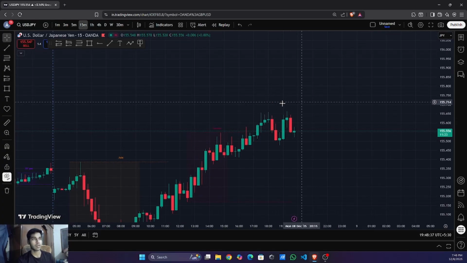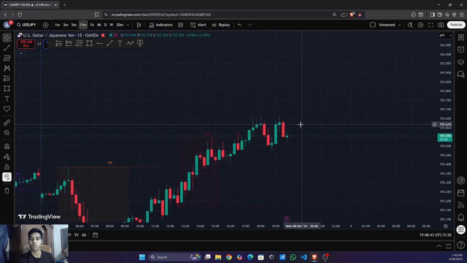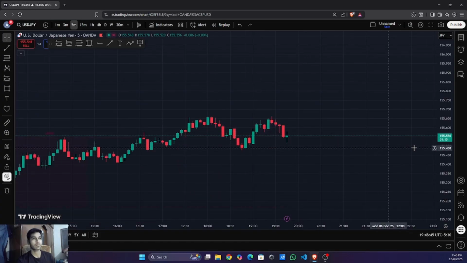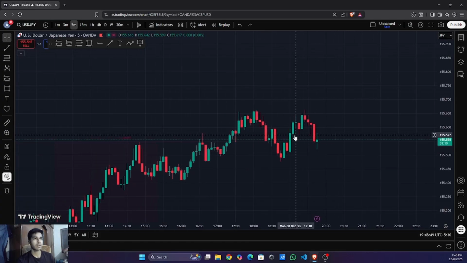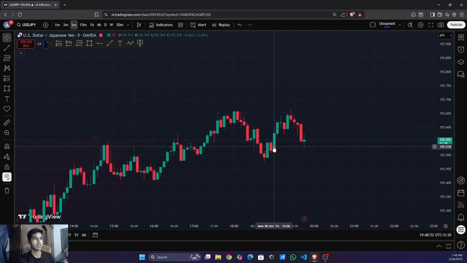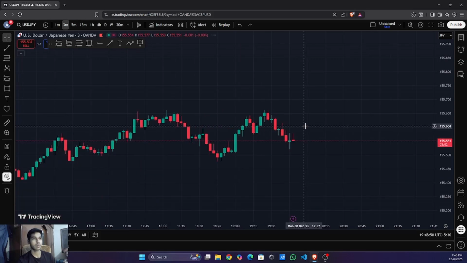I don't like the closing of the candle. Strength for sells is there. It is in the 15-minute FVG, but I don't like the candle closing this one. So I need a 3-minute break of structure if I'm buying.